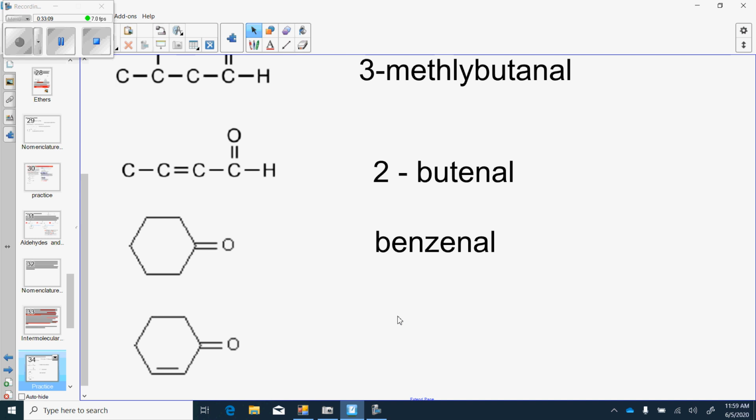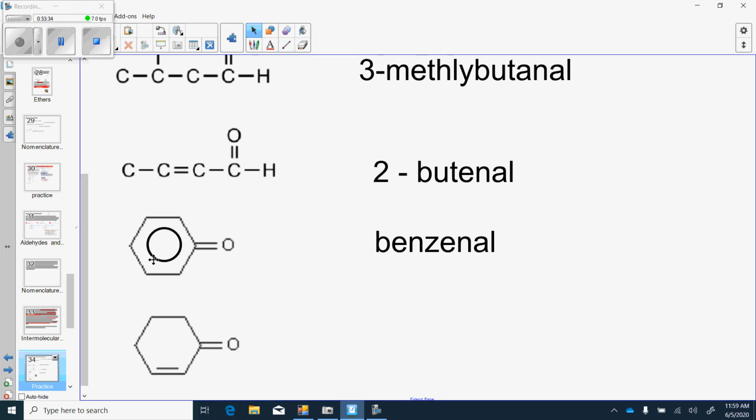And the only difference here is, I guess what I should do to let you guys know that that is benzene and not just cyclohexane is actually put a circle in there so that you guys can see that, okay? Because we could name it a different way.